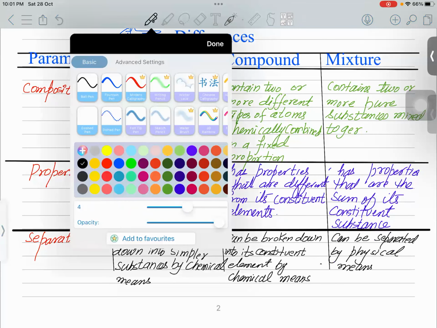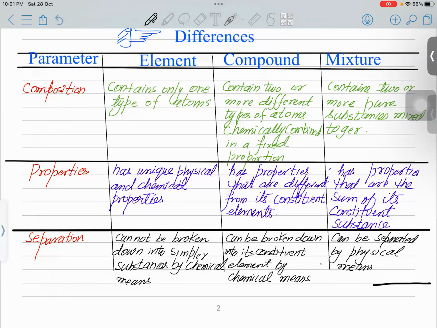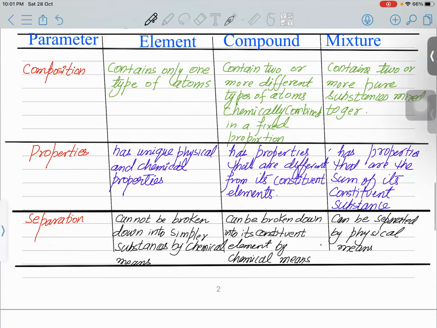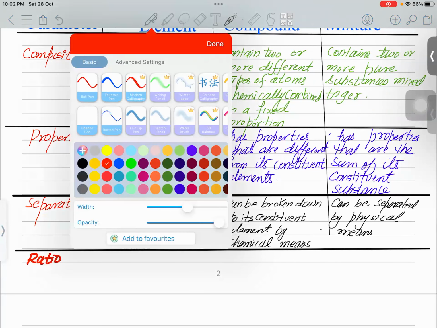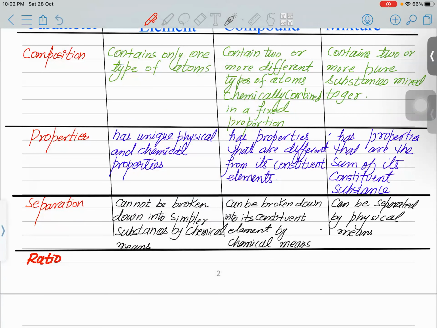Now it's quite easy to learn, right? Now you can easily understand the difference between element, compound, and mixture. Now the last point is ratio. Element does not have a fixed ratio.